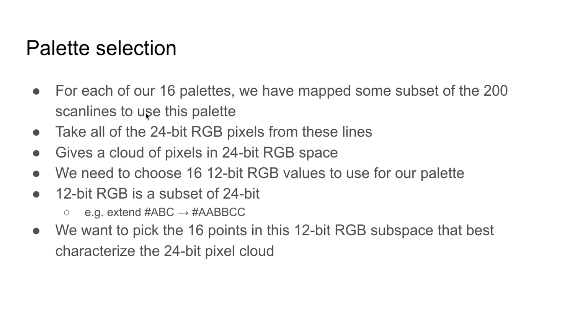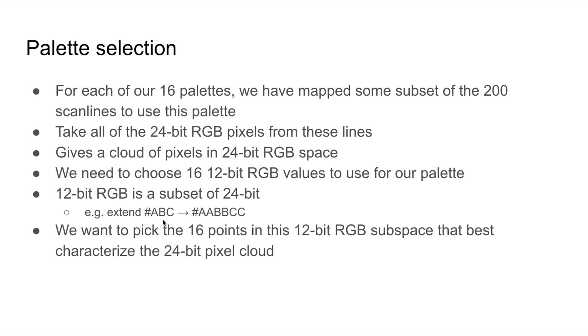And now we need to choose 16 RGB values to use for our palette. And furthermore, these need to be 12-bit RGB values, not 24. So we can use here the fact that 12-bit RGB is a subset of 24-bit. For example, if we have a 12-bit value, which is given by these 3 nibbles ABC, then we can extend that to a 24-bit value by just repeating things: AABBCC.